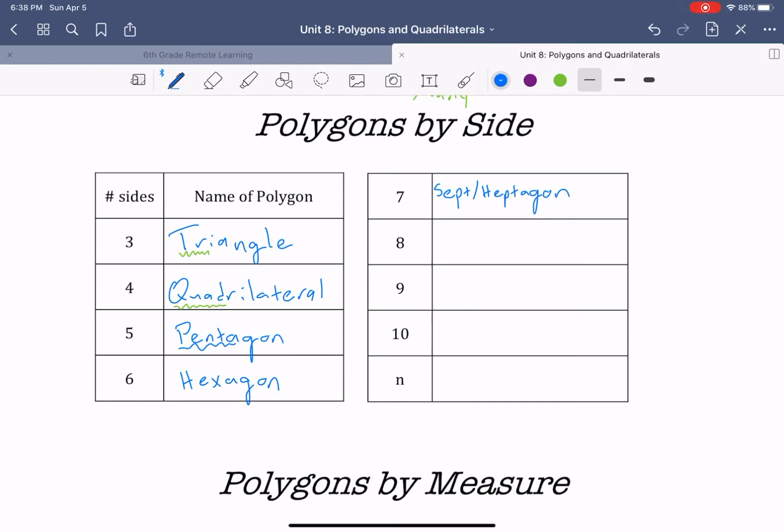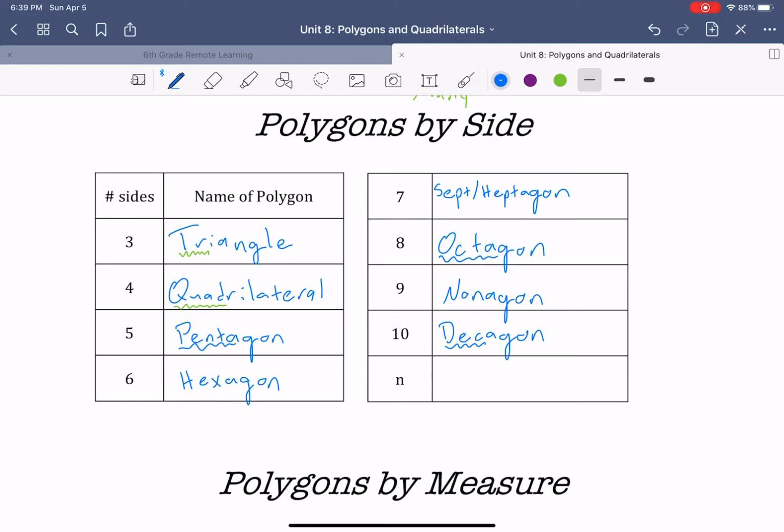You can, on the internet, find it referred to as both. 8, you probably know. That's an octagon. Octa meaning 8, like octopus. 9 is a nonagon. And 10 is a decagon. Deca, like December, means 10.